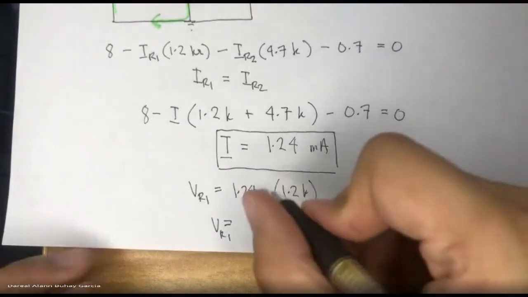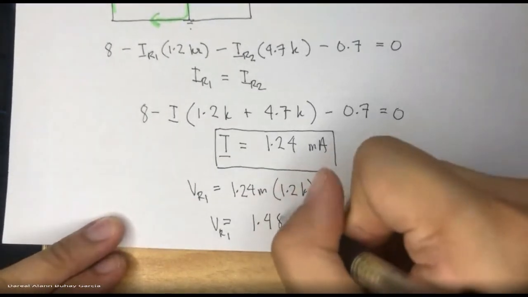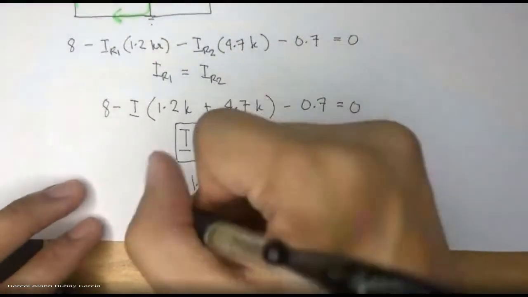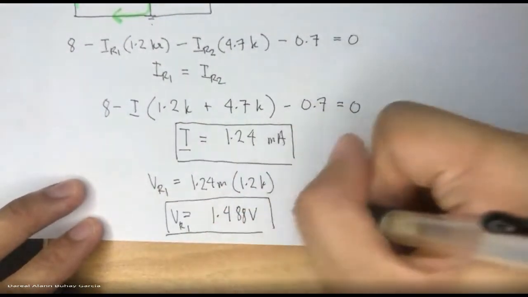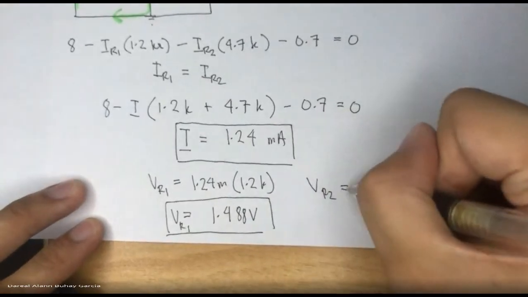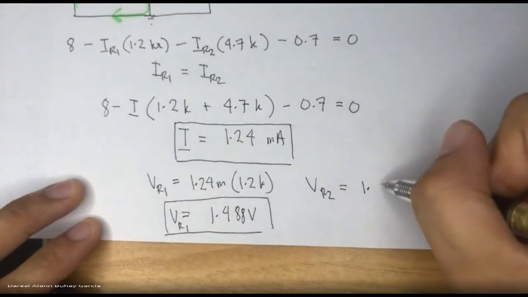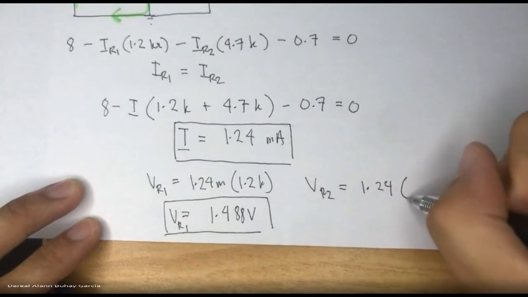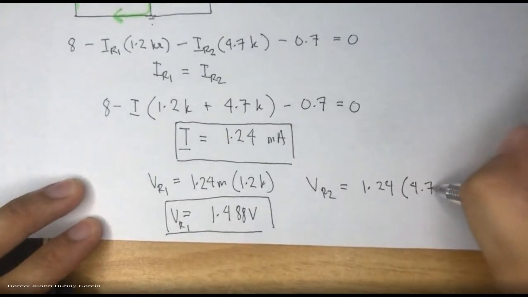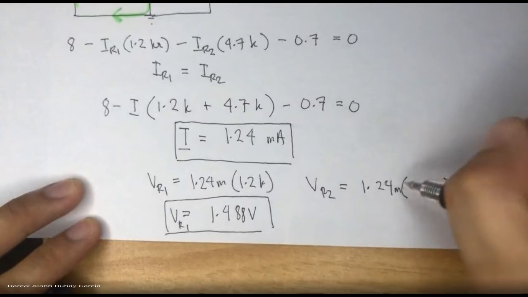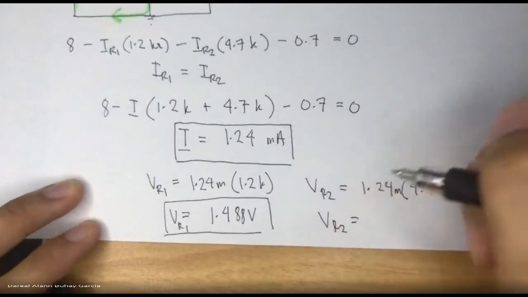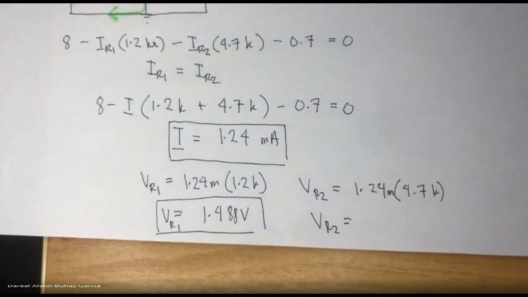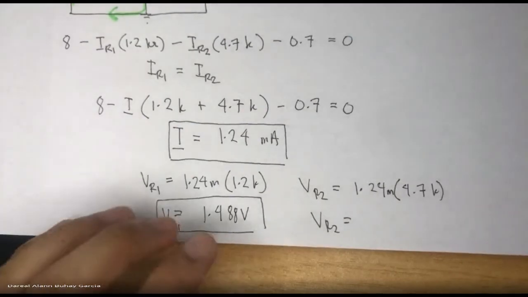That's 1.488. The voltage of R2 is V equals I times R, 1.24 milli times 4.7K. So VR2 is equal to 5.83.